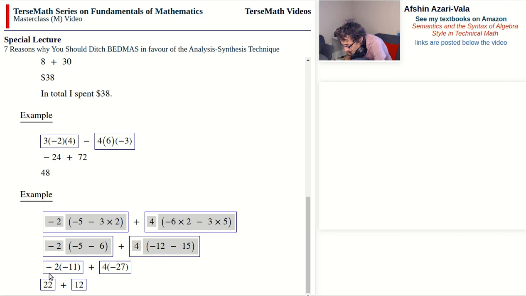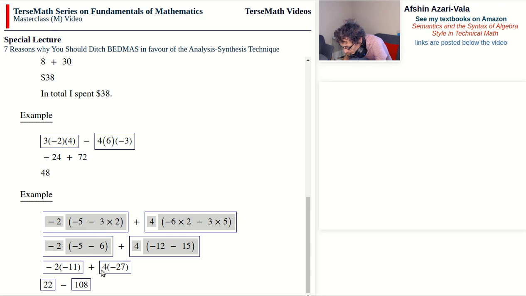There are 2 negatives, an even number of negatives, which is positive, and then 2 times 11 is 22. You see how easy it is to fix the problem. So I have 4 times -27. There is 1 negative, and it should be a minus and not a plus. So let's replace that with a minus. And then 4 times 27, now that's 108. Okay, so we replace this with 108.